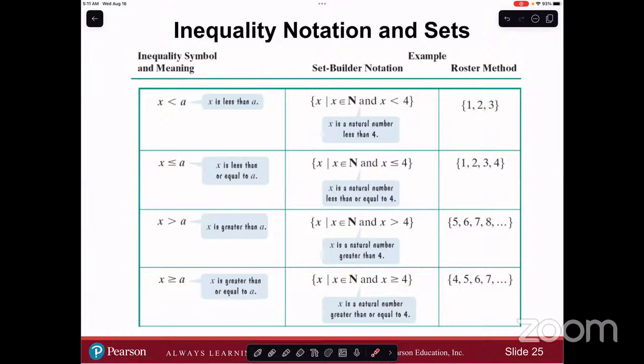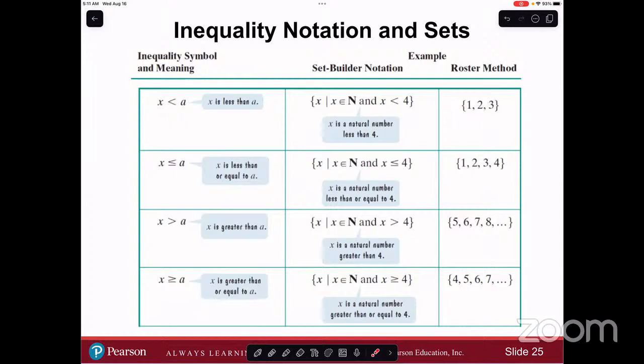x is less than or equal to 4. It's a natural number and it's less than or equal to 4. This is like an example, and then the far right is the roster notation of that example. So when x is strictly less than some number, you're talking about all the numbers to the left of that number on the number line, and you cannot be equal to that number in question.